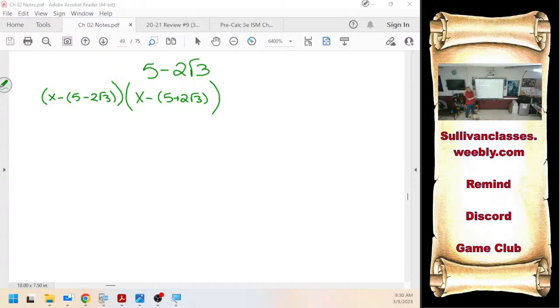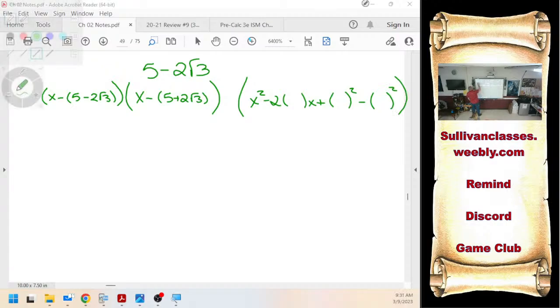Do you want to do that or cheater town? x squared minus 2ax plus a squared minus b squared. And you just look at your a and b terms. A, b. And technically it's a negative, but you're squaring, so it's going to go away. Look at how much faster that algorithm is. 5 squared is 25. 2 root of 3 by 2 root of 3 is 12. Plus 13.